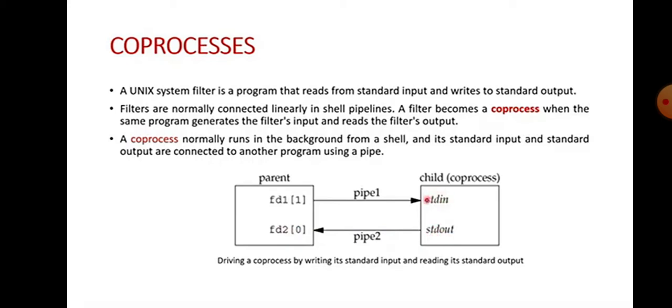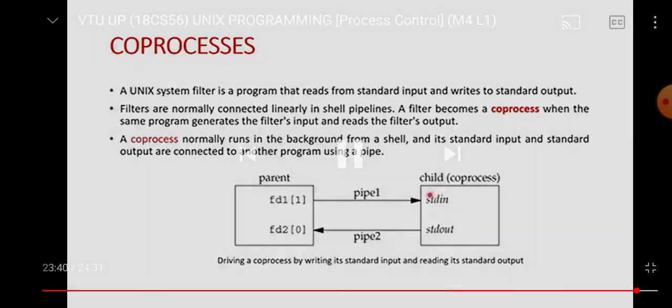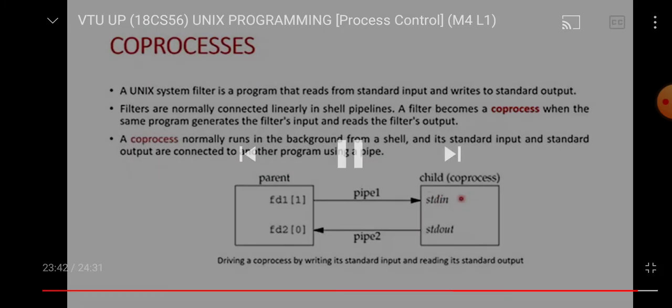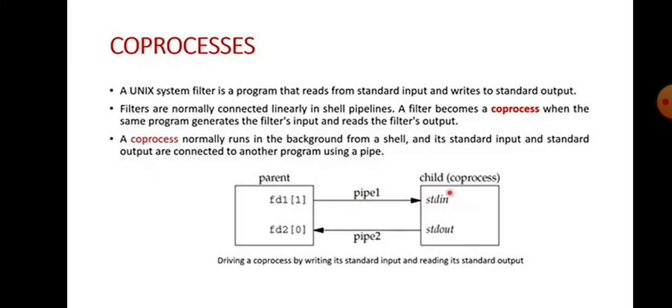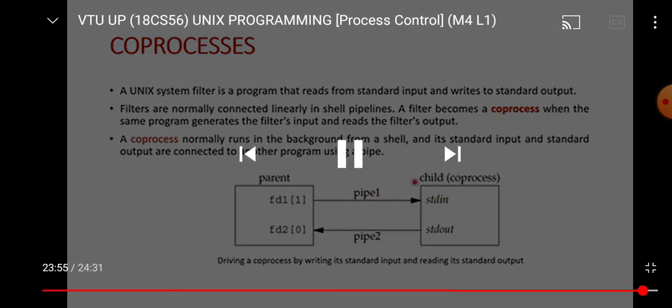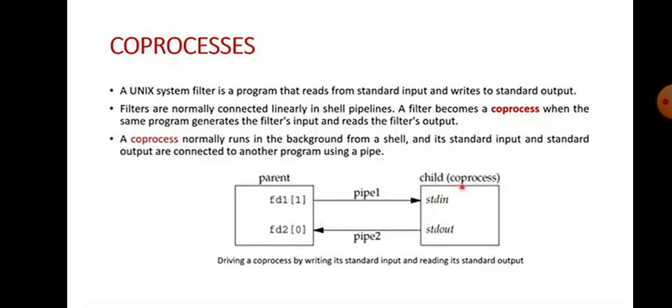The child reads through its standard input, and its output is given to the parent process. This is a scenario where I can consider this child process as a coprocess.